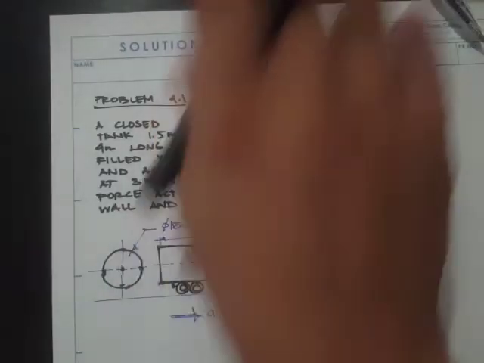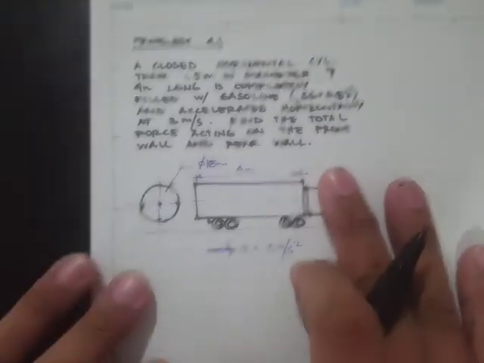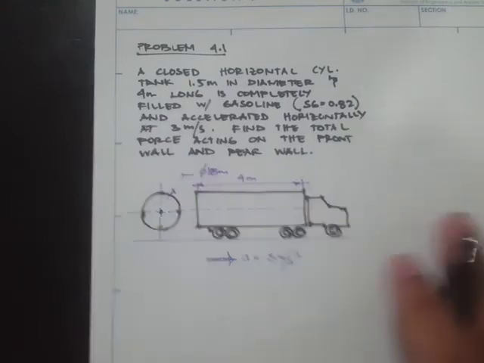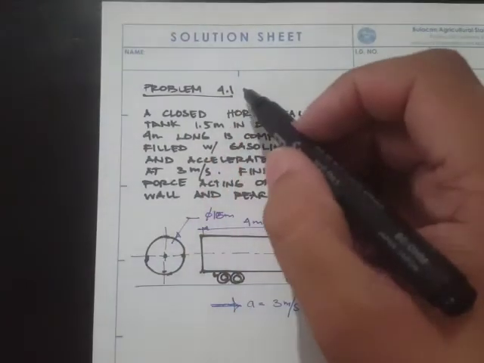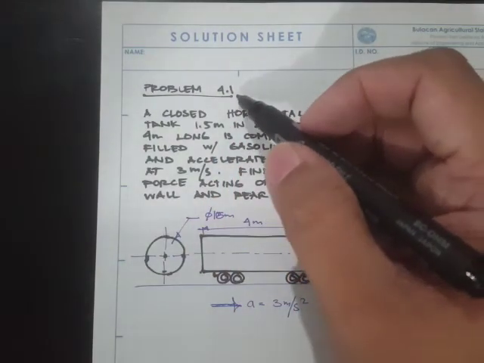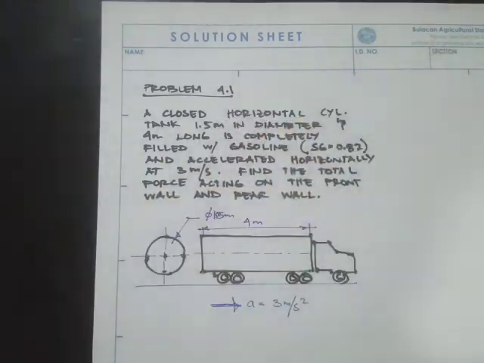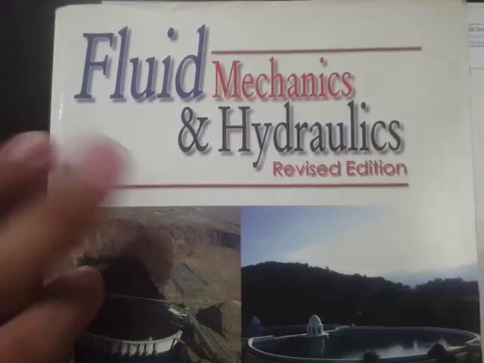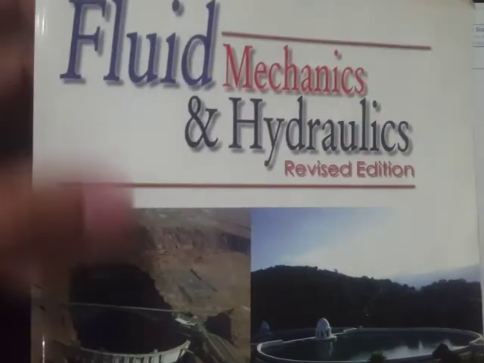solve one problem regarding this acceleration along the horizontal axis. Okay, so for the problem 4.1, this is actually taken from the textbook by Gillesania, Fluid Mechanics and Hydraulics, revised edition.